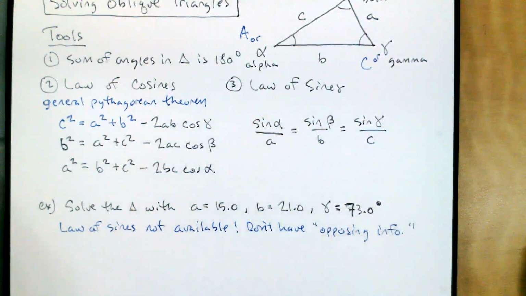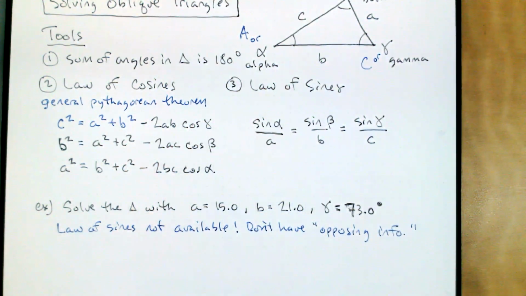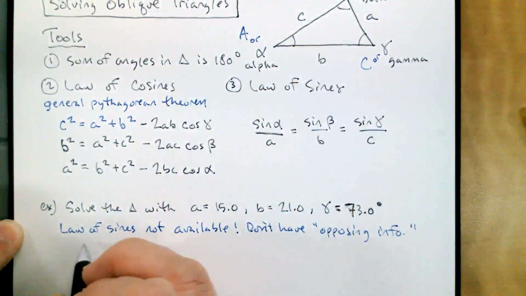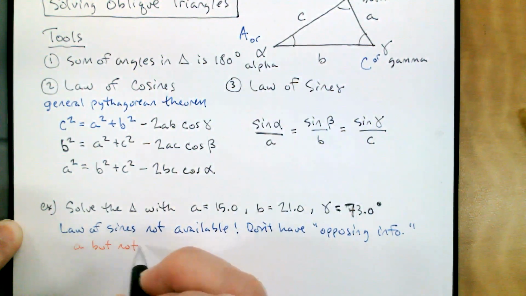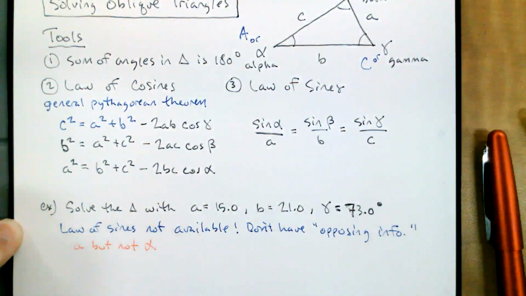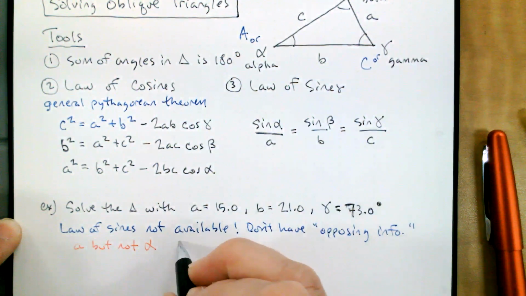I don't know why I started calling it opposing info, but that's what I started calling it. I have A, but not alpha. I have B, but not beta. I have gamma, but not C. Those are all pairs that we would be required to have to use the law of sines.